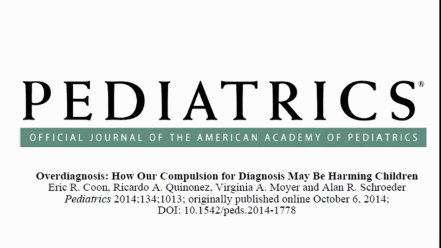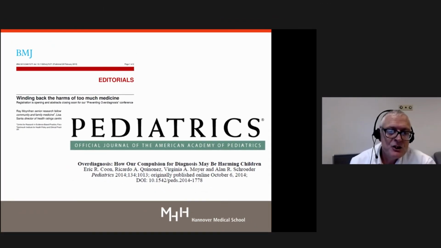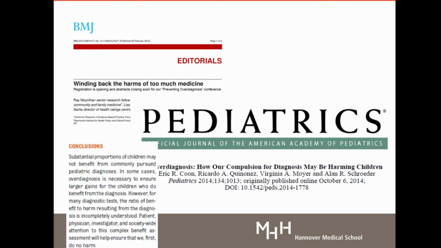They say children can come to harm if you just do too much, if you do repeated blood tests too frequently, or if you do things like invasive biopsies. And they suggest that you are very careful in the indication for further investigations and don't put children to harm from, let's say, things like liver biopsy.